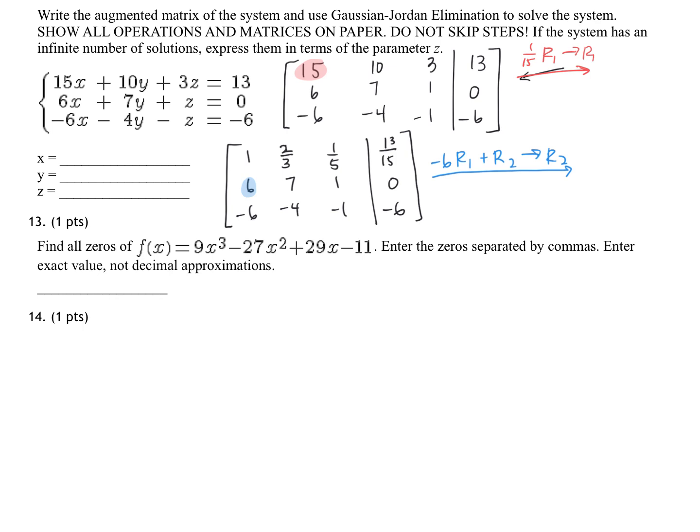Okay, so let's see. We're going to do negative 6 times row 1. So that's 1, 2/3, 1/5, and 13/15. So let's see what we get when we multiply there.